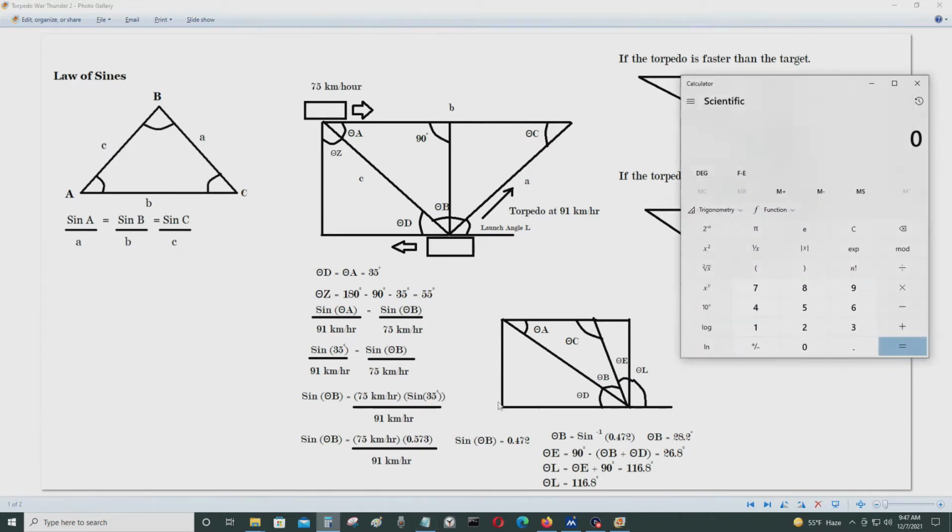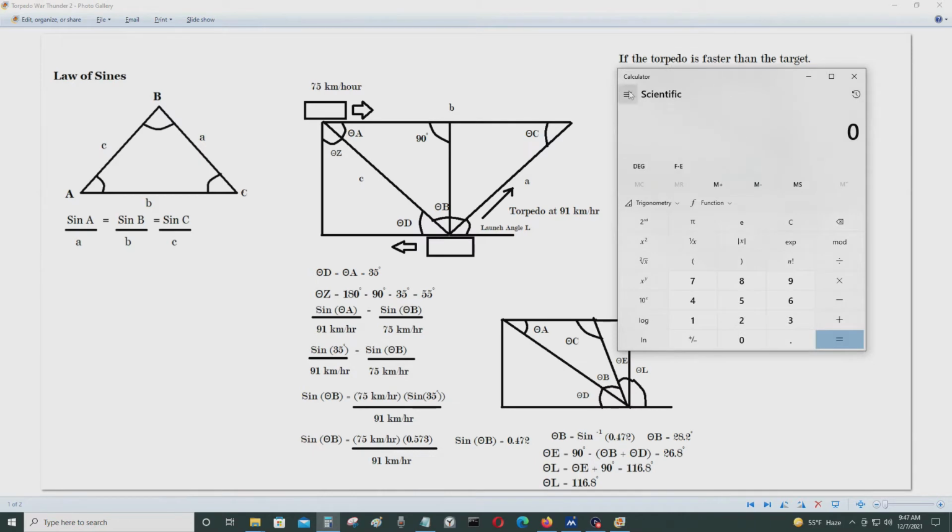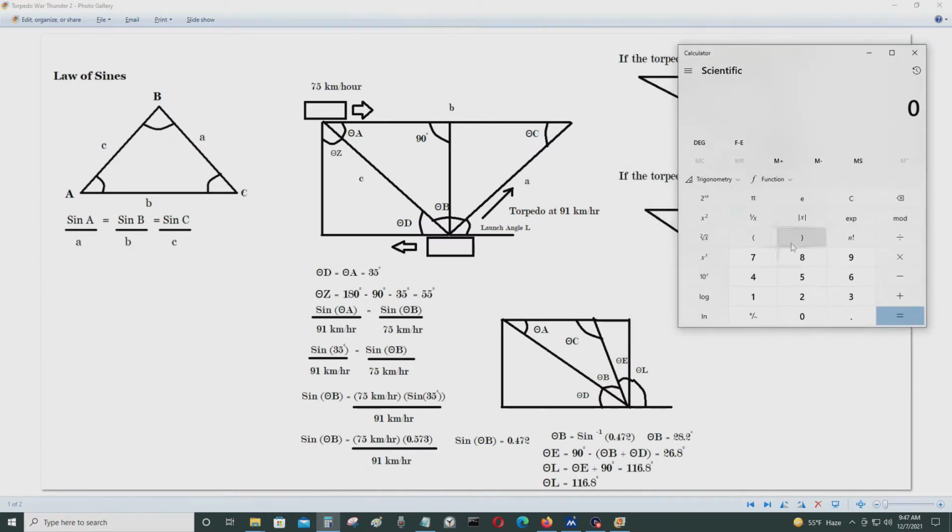So let's get our scientific calculators out. Just go to the scientific calculator, or if you have a physical scientific one, you could just use that. So sine of 35 degrees is 0.573, times 75 divided by 91. So that's 0.4727.